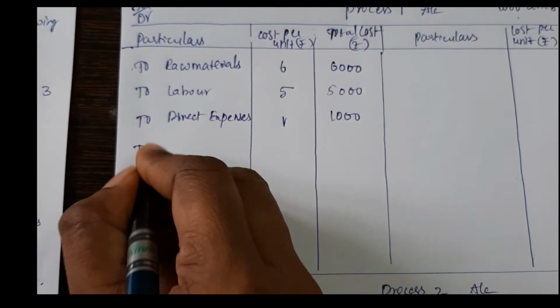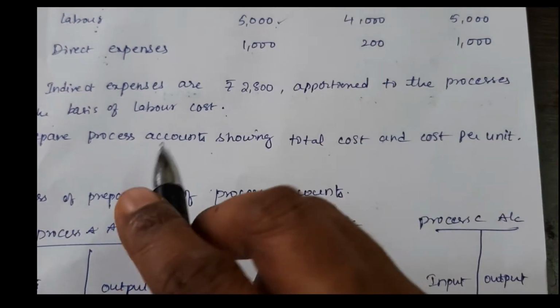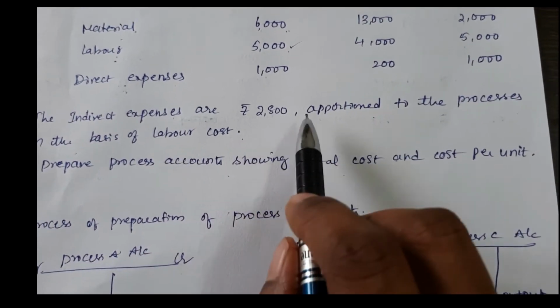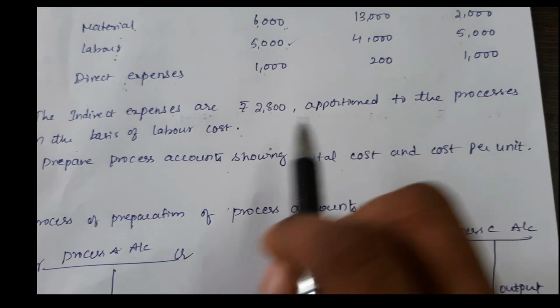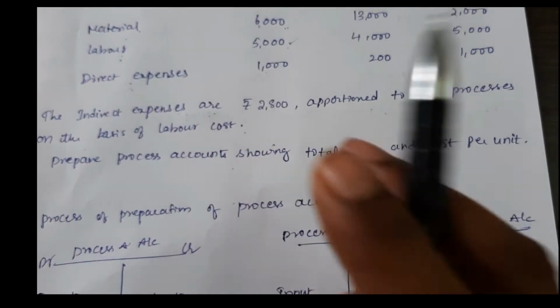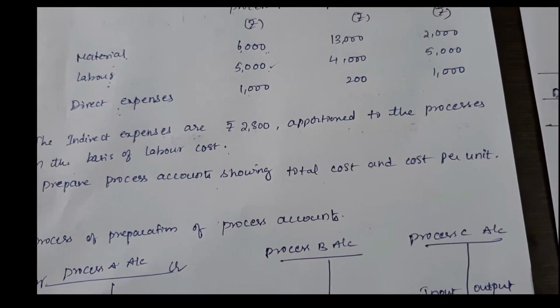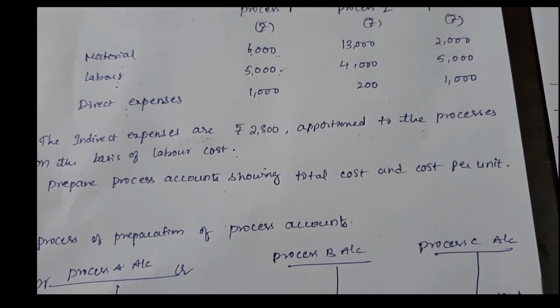Then apart from that, it is given that the indirect expenses are rupees 2,800, apportioned to the processes on the basis of labor cost. So on the basis of labor cost we have to apportion this.